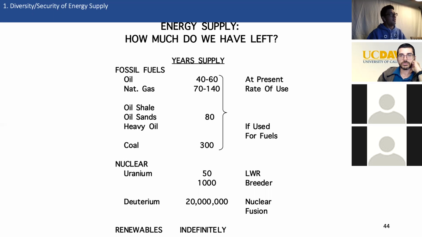Let me see if I have it correctly. I think deuterium is the atom that undergoes nuclear fusion to release energy, so it's the equivalent of having uranium for fission technology.